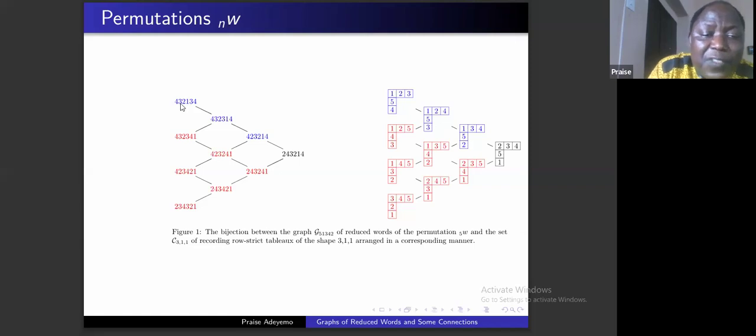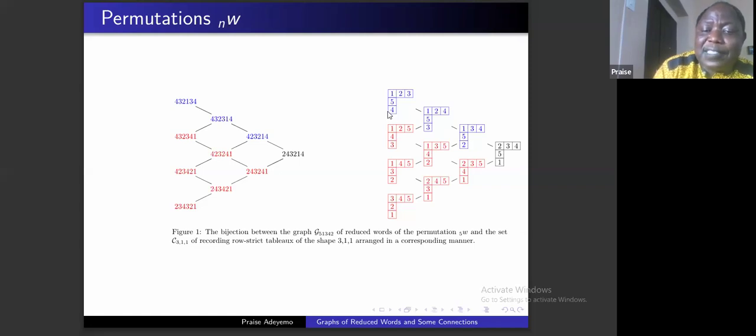If you look at this now, this is 4, 3, 2, 1. So there is a descent on the first entry, from 4 to 3, a descent on the second entry, and a descent on the third entry. That constitutes the first row, 1, 2, 3. But on the fourth entry there is an ascent, and there is also an ascent on the fifth, and that's why we have 5, 4.